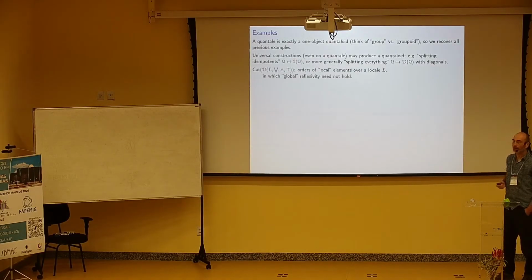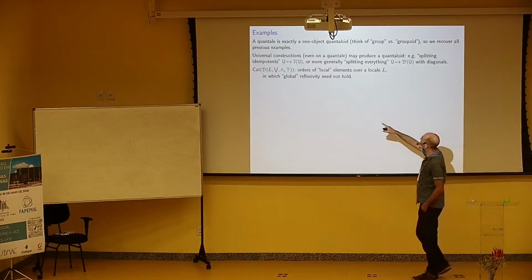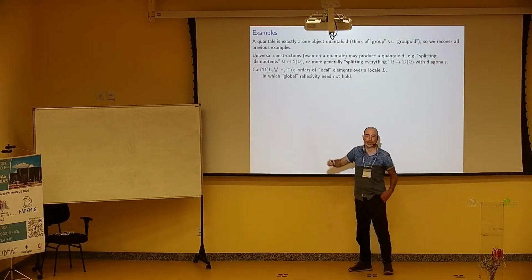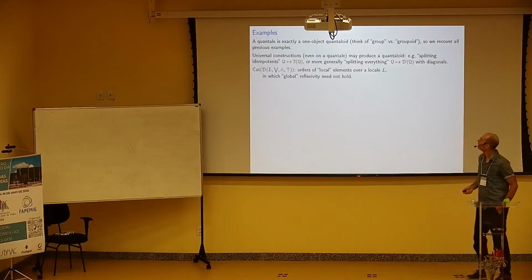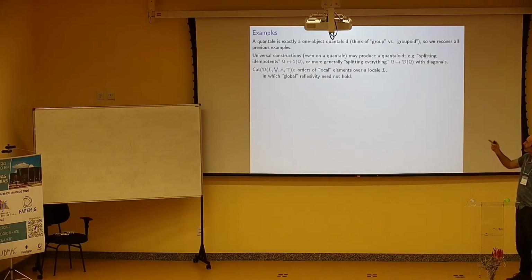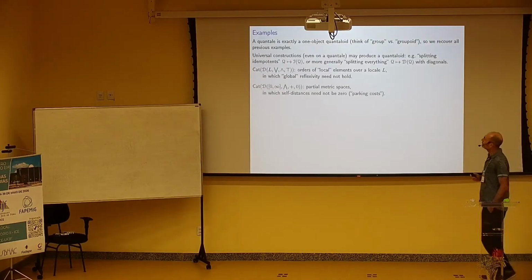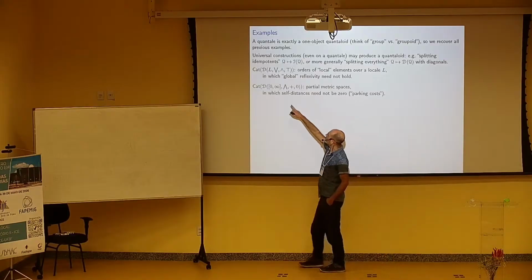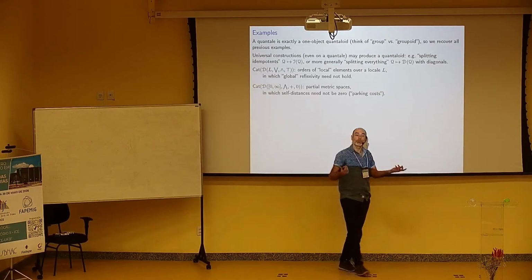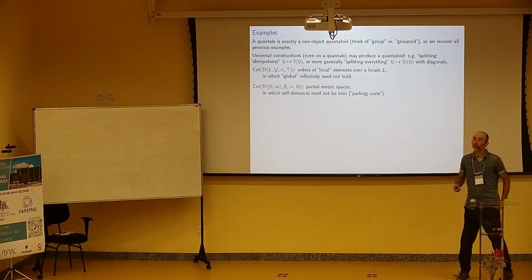If I do this, and I take a locale, which is a quantale, and you split diagonals in your locale, then if you compute the enriched categories, you get orders of local elements over the locale in which global reflexivity is no longer true. So it hints at sheaf theory, but it's not quite that, because there's no gluing condition. If you do it with your Lawvere quantale, and you compute diagonals, and you re-enrich over this new thing, you get partial metric spaces.